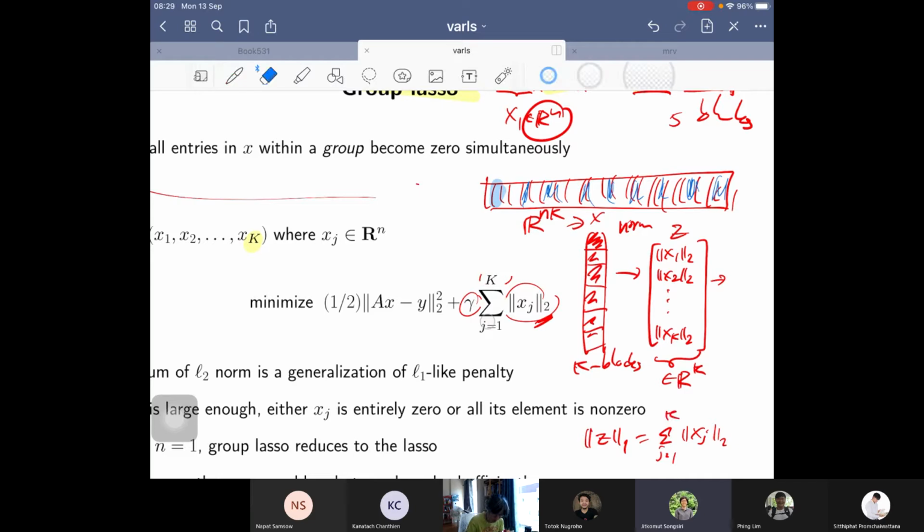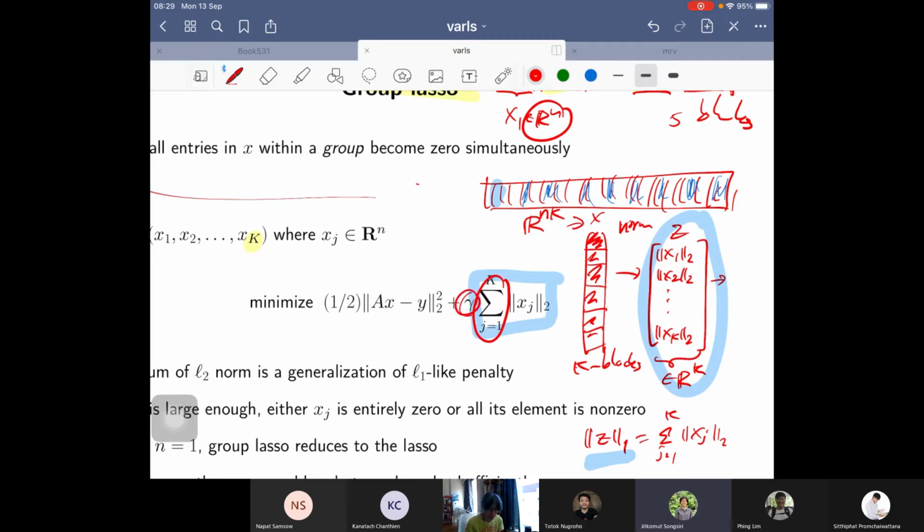And that's why this summation that we introduced in the objective of the group Lasso is actually the L1 norm of the vector that contains the two norms of all blocks of X. So the summation here plays the role of the L1 norm.